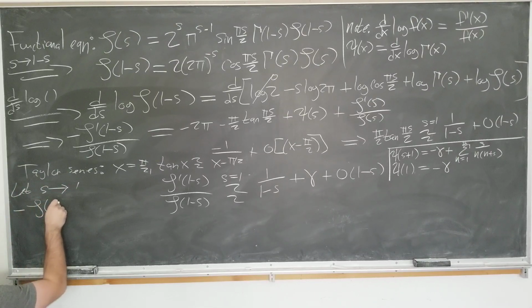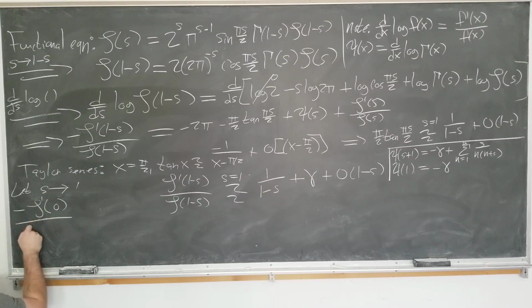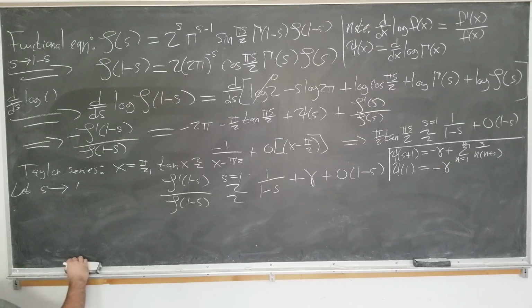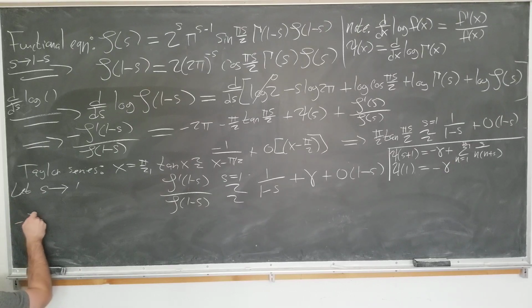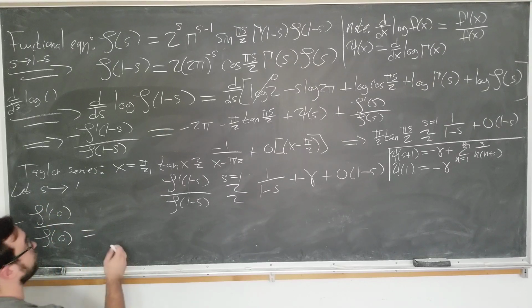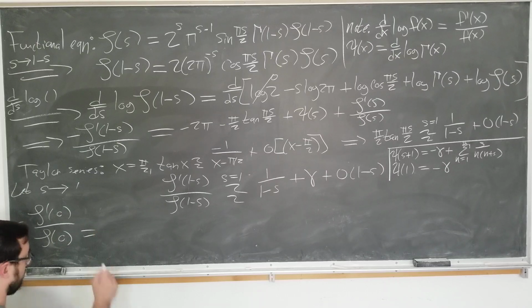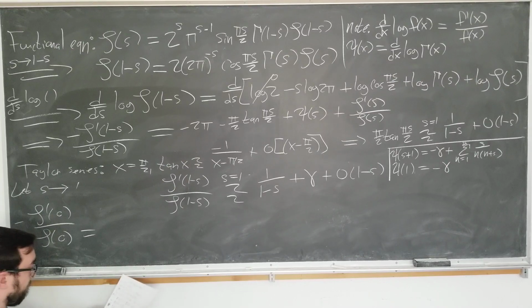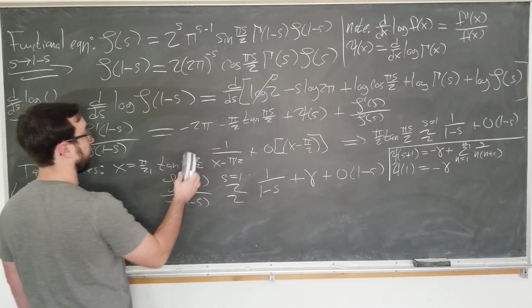So minus zeta prime of 0, which is what we want, divided by zeta of 0, which we know is now equal to minus log 2 pi.